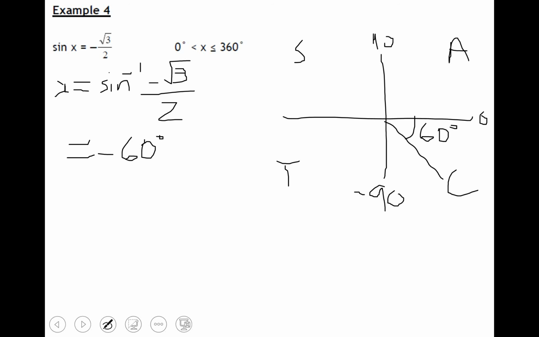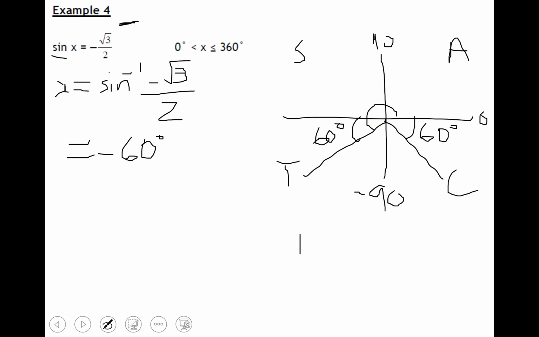Now in this case we've got sine and it's equal to a negative value, minus root 3 over 2. So the solutions we'll get will be in the quadrants in which sine is negative. The one the calculator gave us was in C, the other one we need is in T. Again, we get our symmetries from the horizontal. In this case we'll need to work out both angles from 0.